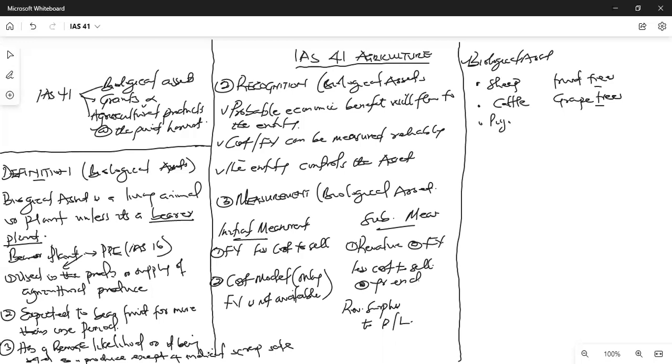These are what concerns the biological assets. Now, what we are supposed to go through and know is probably take a question and see how these ones look like. I have a question here I need us to go through.